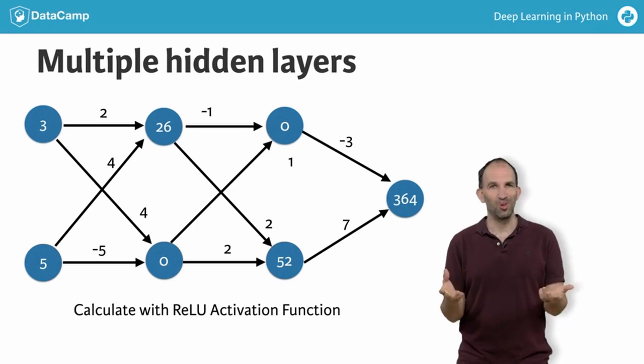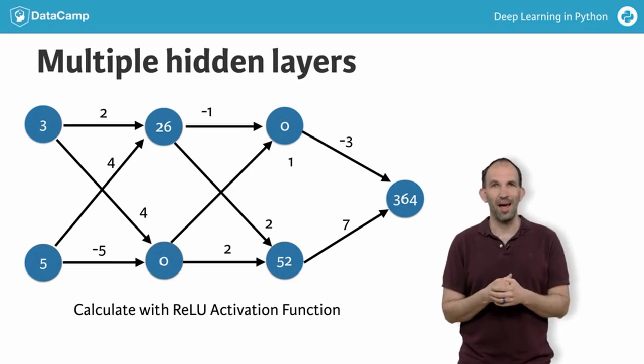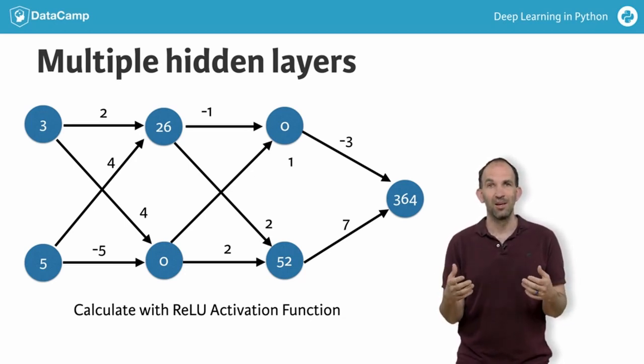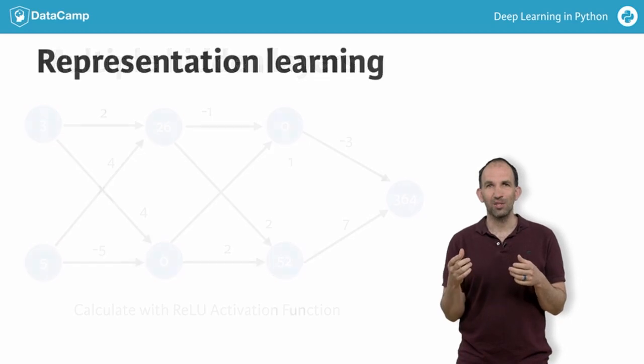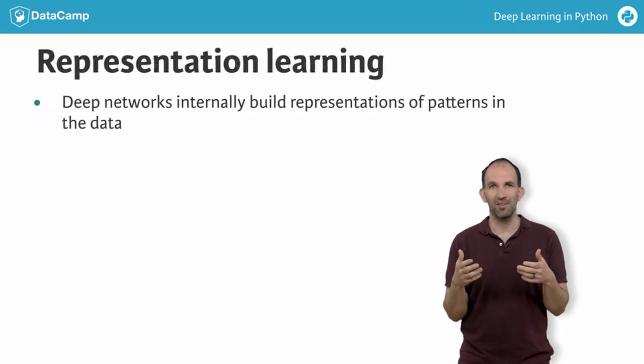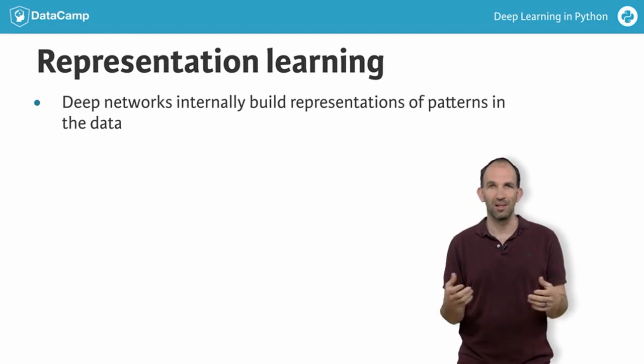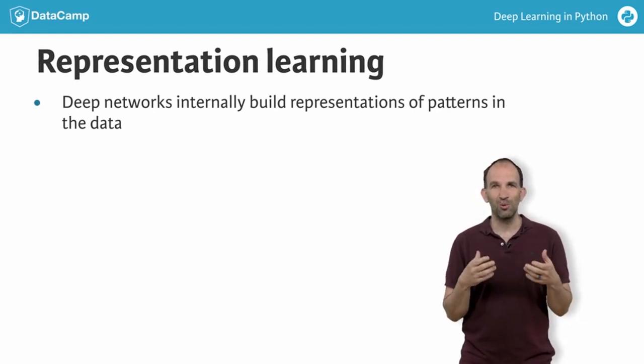At this point, you understand the mechanics for how neural networks make predictions. Let's close this chapter with an interesting and important fact about these deep networks. That is, they internally build up representations of the patterns in the data that are useful for making predictions. And they find increasingly complex patterns as we go through successive hidden layers of the network.